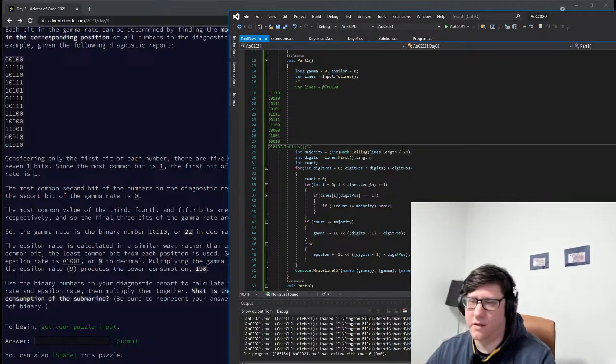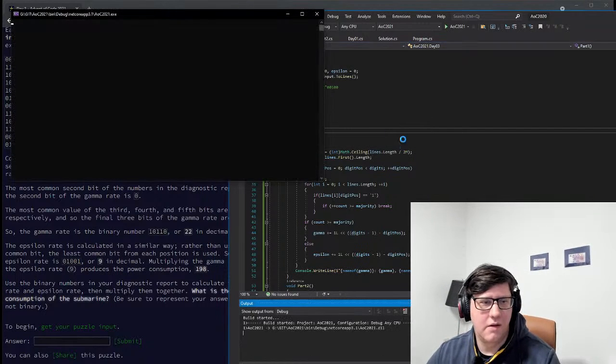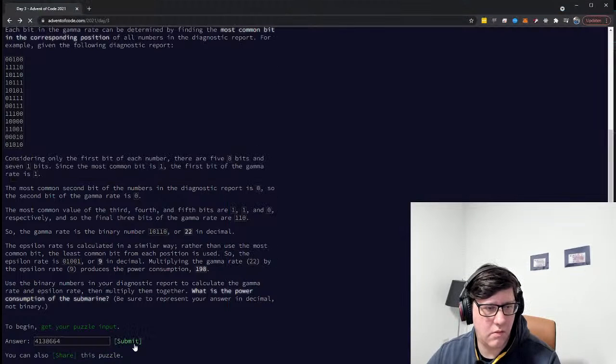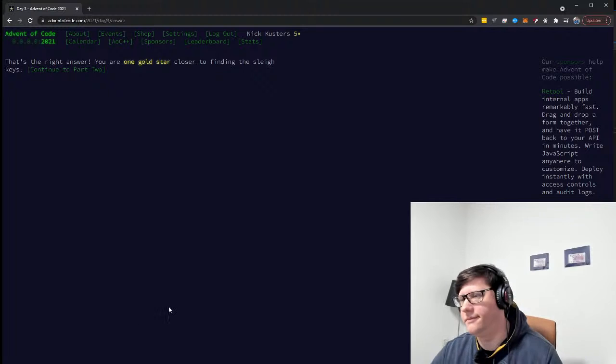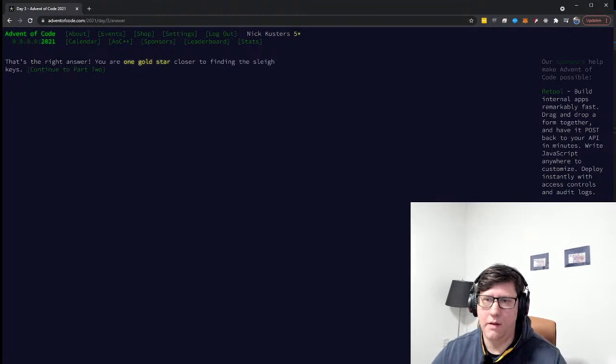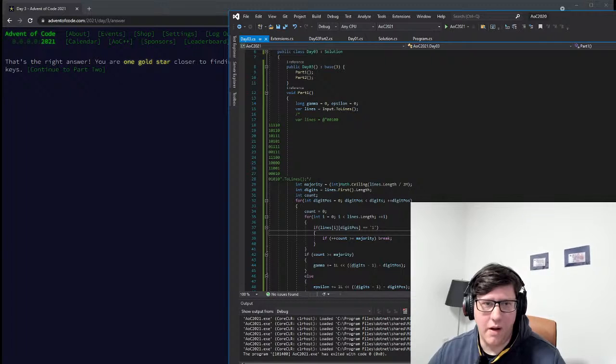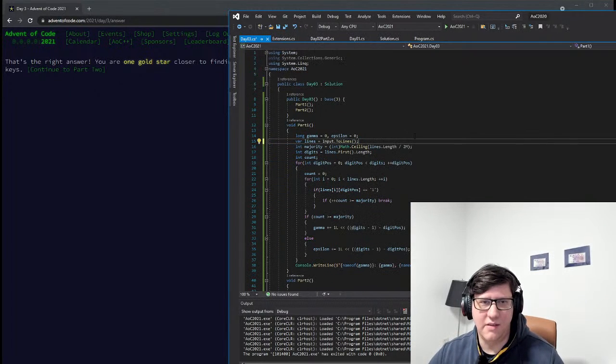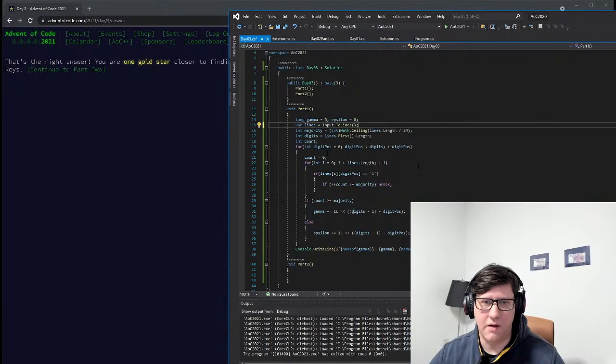These off by 1 errors are always so annoying. Boom. So yeah, that was it. I hate when I forget something like that, because you do it all in your head and it's easy to just miss something right there.